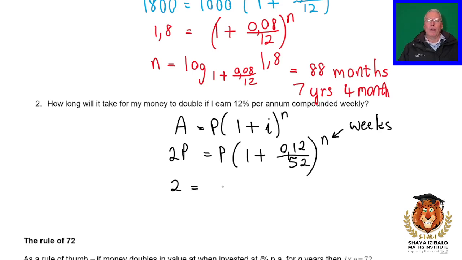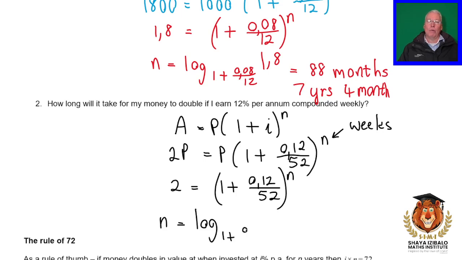So now we've got 1 plus 0,12 over 52 to the power of n. And exactly as last time, we're going to use our log function. n will be log base 1 plus 0,12 over 52 of 2, and let's see what that comes to.